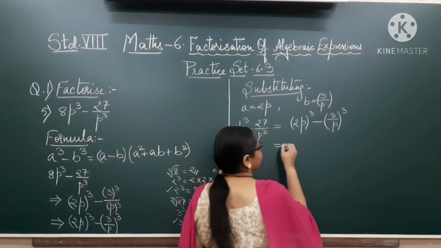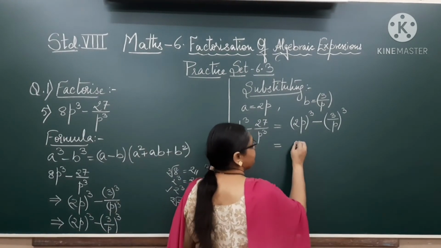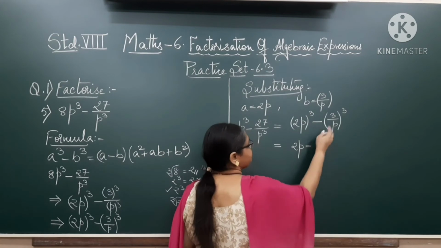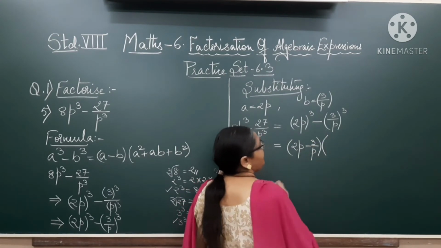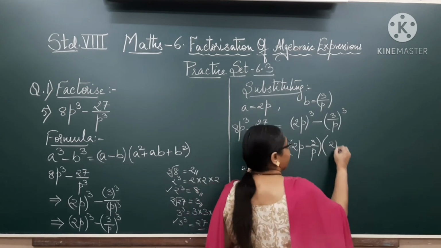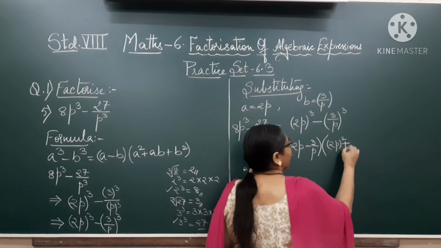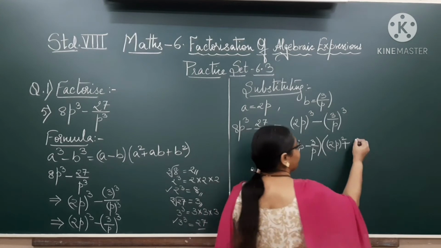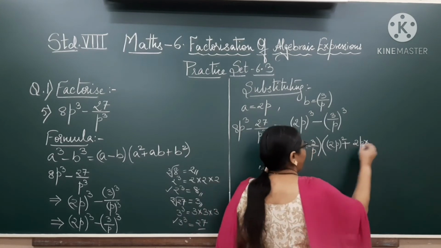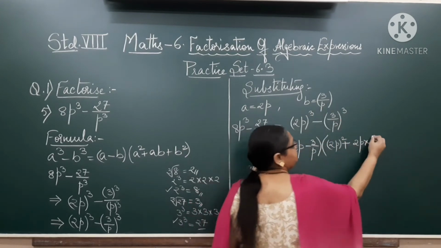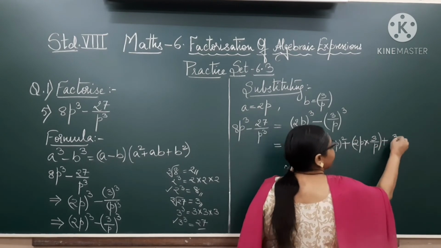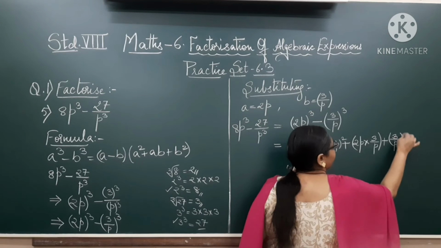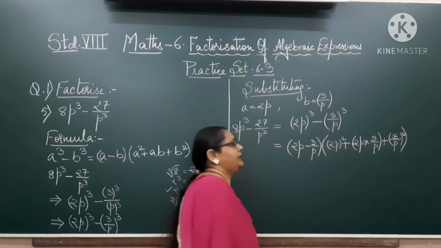So that is equal to a minus b. So a is 2p, minus b is 3 upon p, into a square is 2p the whole square, plus ab is 2p into 3 upon p, plus b square is 3 upon p the whole square. Right?